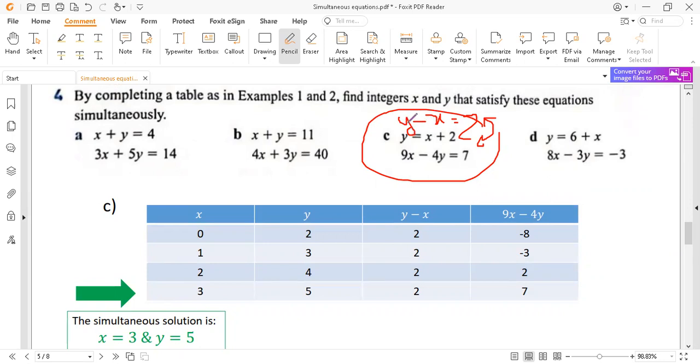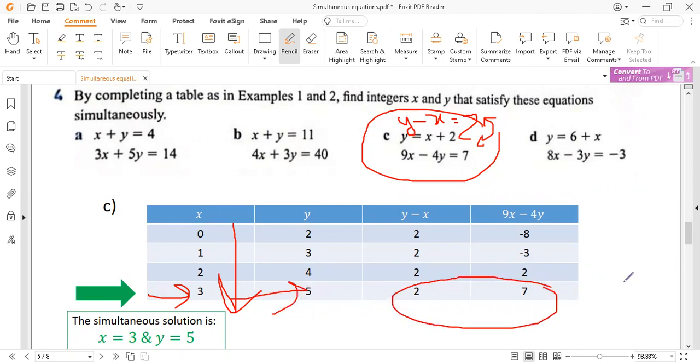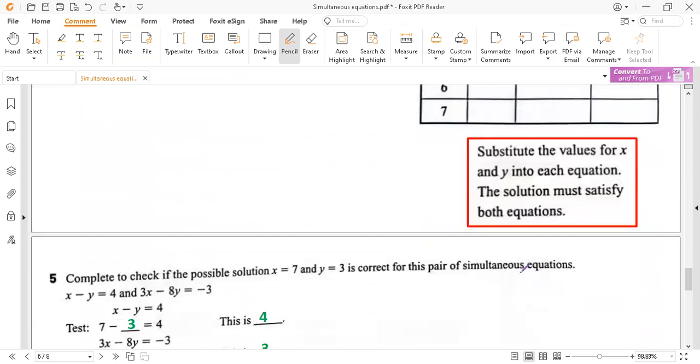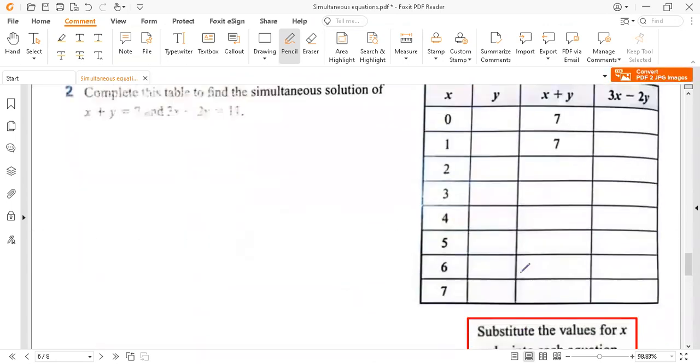So normally y minus x equal to 2. I can, for example, take x from 0 to different values up. So 0, 1, 2, 3, and we can complete, okay? But I stopped here because the 3 with the corresponding y verified the result that I want to have. Okay, so these are very important ideas.